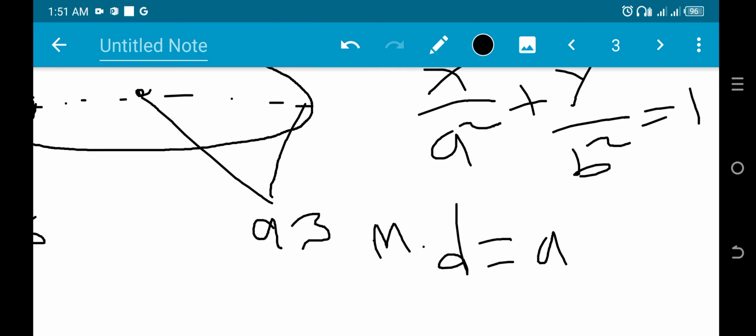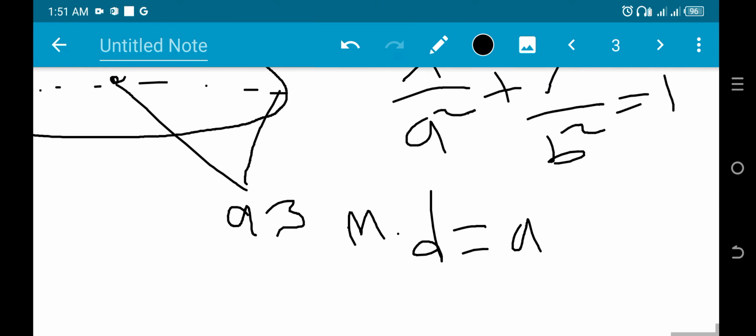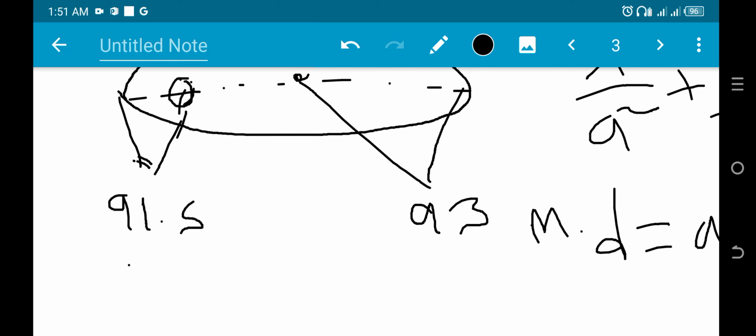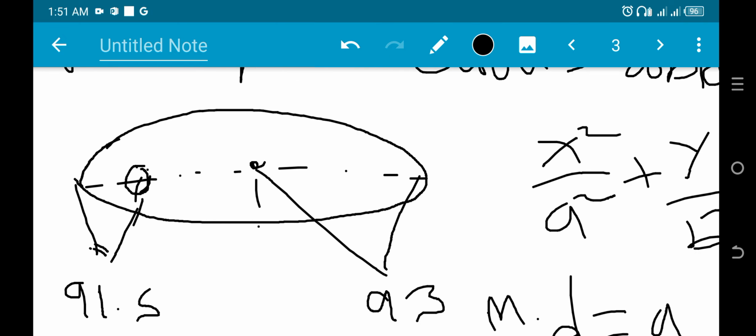Now our problem only comes on how we're going to find b. If you have a and you have been given the perihelion, we need to find b. We know that the distance from the center to that point there is b. So how do we find b?